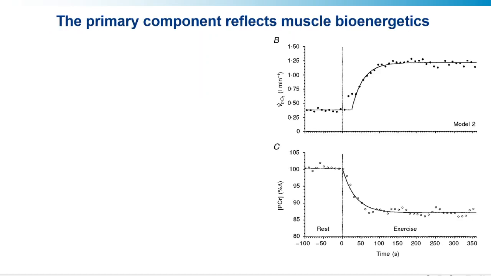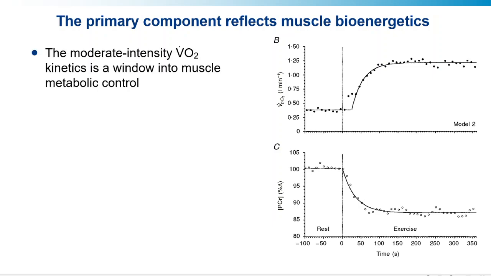The most important thing I want to tell you before the end of this is that the primary component reflects muscle bioenergetics. And so the moderate intensity VO2 kinetics is a window into muscle metabolic control, and for my money the best demonstration of this was produced by Harry Rossiter, as I've already mentioned, because this is the previous VO2 response you saw a few slides ago, but what he did here and what his group did was simultaneously measure pulmonary oxygen uptake and phosphocreatine degradation in the muscle.